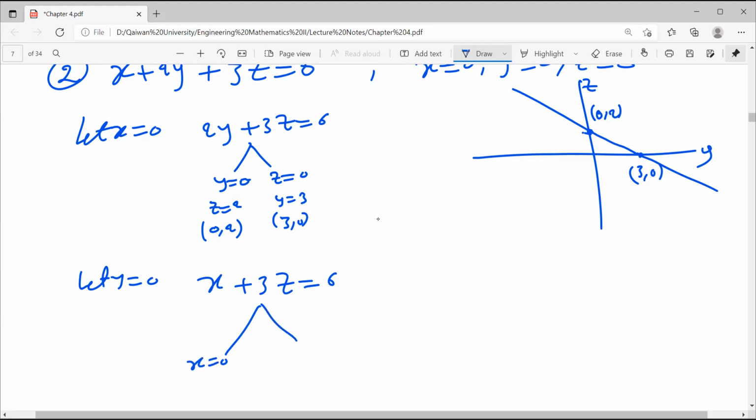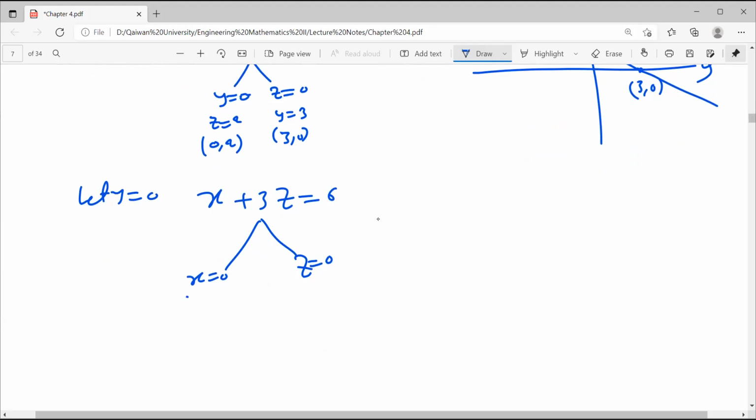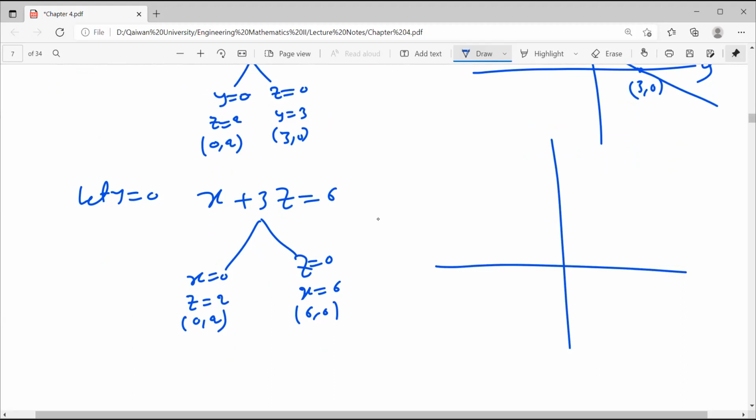If x to be 0, z is 2. If z to be 0, x is 6. So the points are 6 and 0, and also 0 and 2. We plot these 2 points to sketch the graph of x plus 3z equals 6.